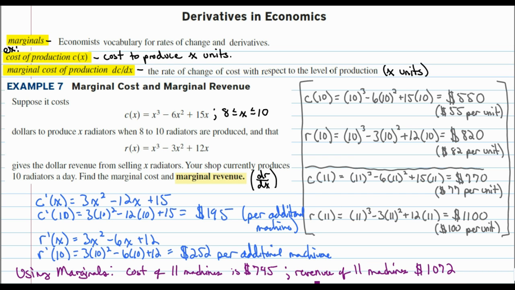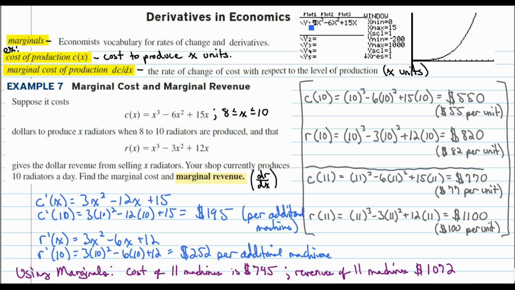Our marginals are more accurate because they are giving us a rate of change to expect when we go on to this new piece of a function at 11 units. So graphically what we're saying here is, if I graph my cost function, this only applies to producing 8 to 10 machines. So only for this piece of the graph.